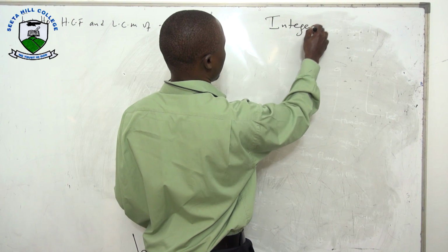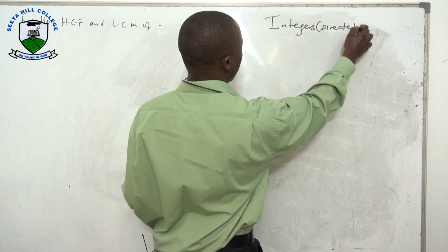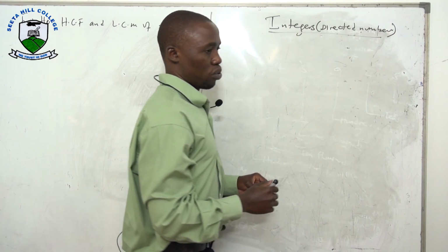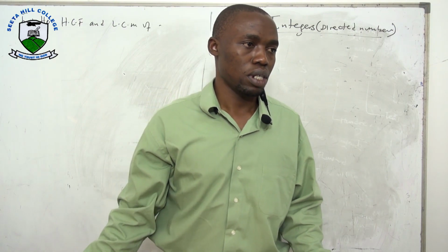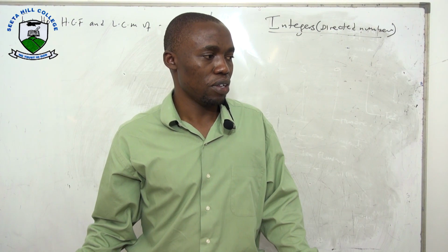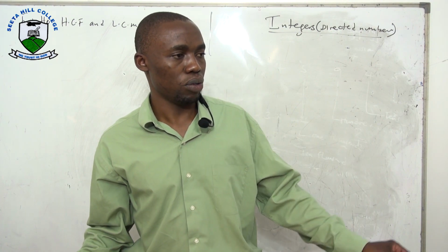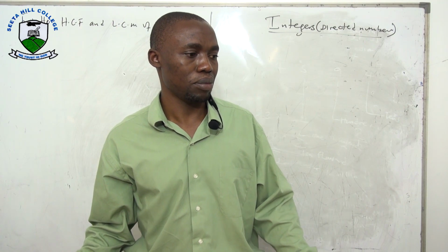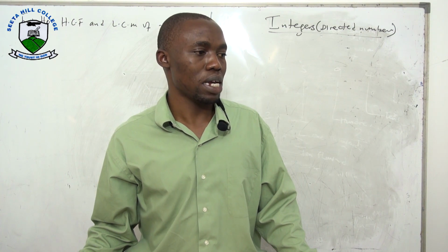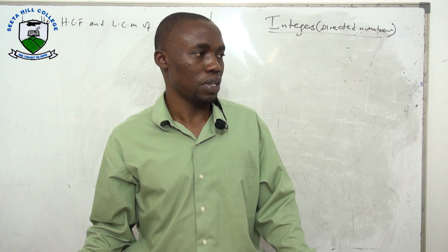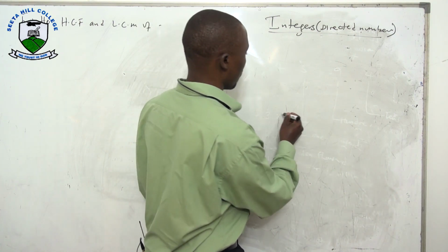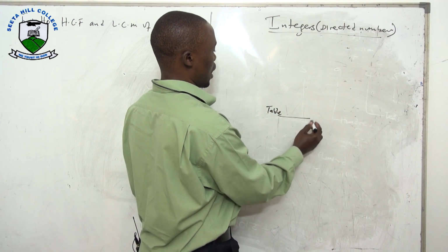So, integers. Let us look at integers, directed numbers. Have you ever thought of this: if you were standing on my teaching table here, and you jump in space 2 meters high, assuming my table is the zero level, this is the table and this is the ground.